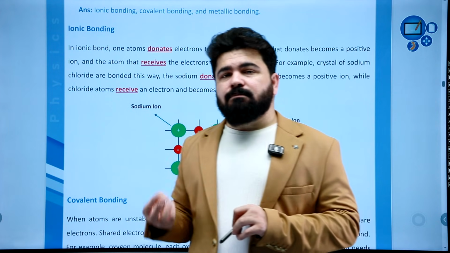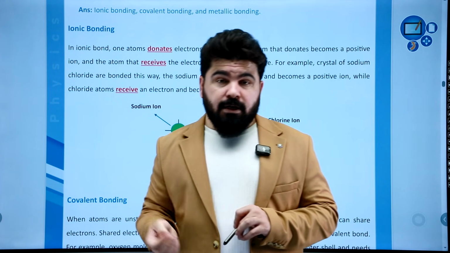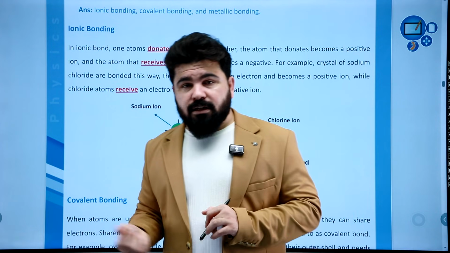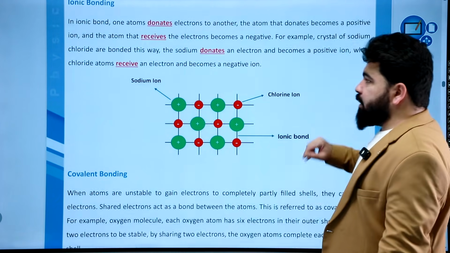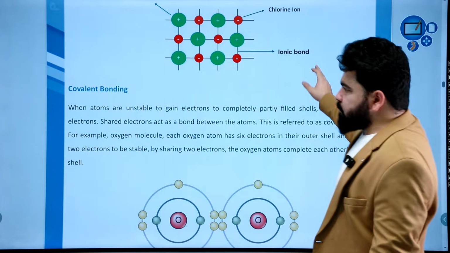Okay, the atom that receives the electron becomes a negative ion, and the one that donates is positive. An example of ionic bonding is crystals of sodium chloride.